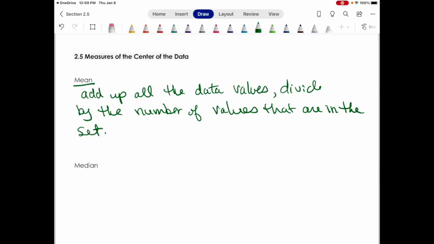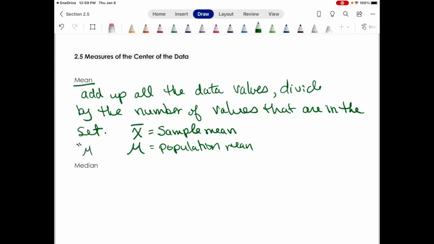And the notation for this will either look like this if it's a sample mean, or it will look like this, which is kind of like a cursive M, and that would be for the population mean. And the way that you pronounce that M, I'll put it in quotations here, it's pronounced mu.